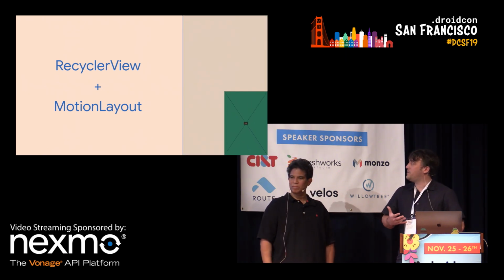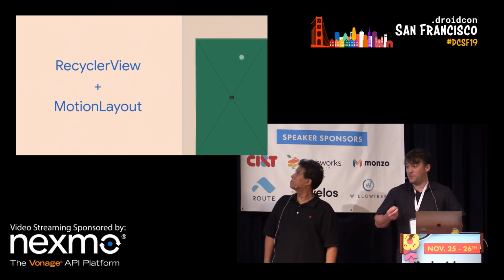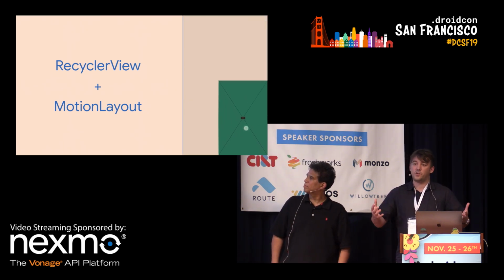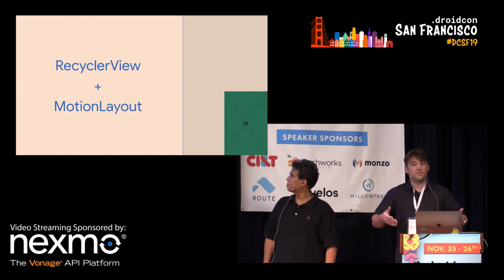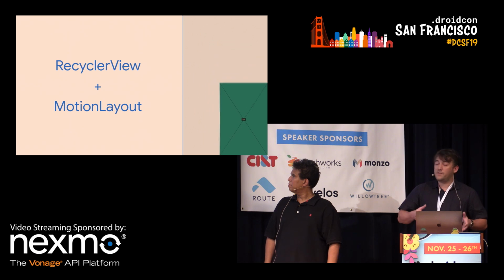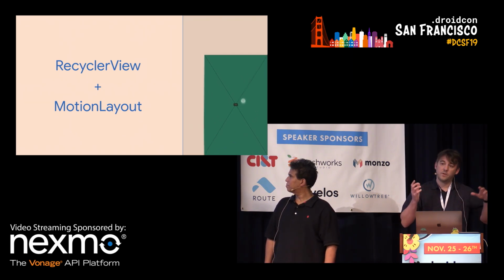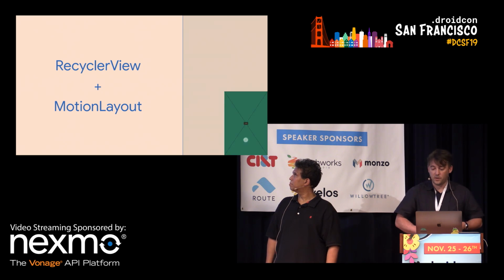The idea is relatively simple: we describe that motion in a motion scene file, essentially using the MotionLayout architecture, but as if it was some kind of abstract thing that you can apply to the RecyclerView. The nice thing is that you split apart expressing your motion and how it should work, and how you plug it into the RecyclerView.